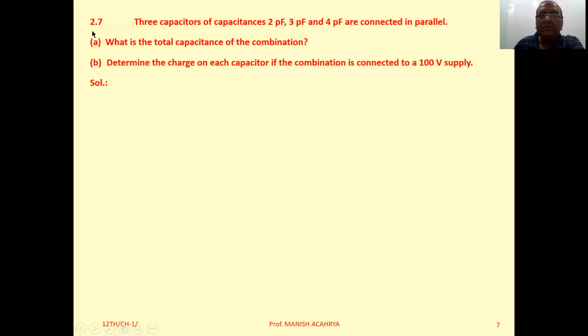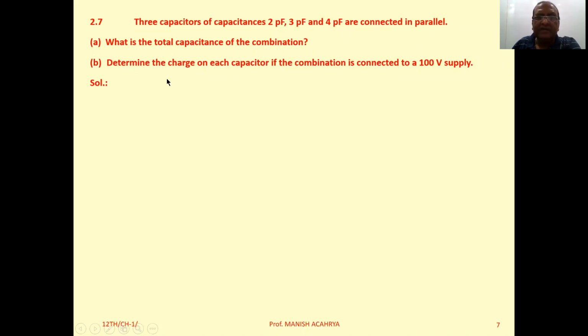Chalo. Example 2.7. Three capacitors of capacitance 2 picofarad, 3 picofarad and 4 picofarad are connected in parallel. A. What is the total capacitance of the combination?